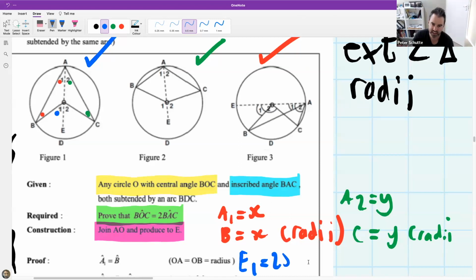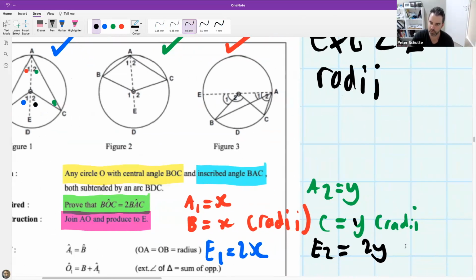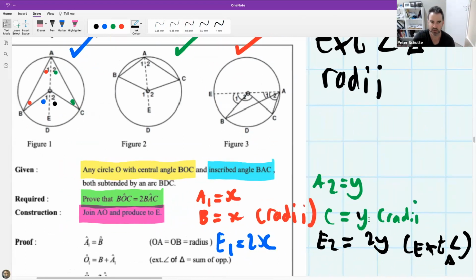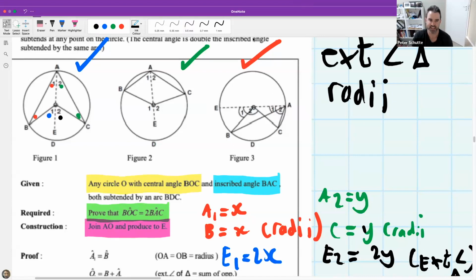And so we'd say that that is 2x. And then what is the size of E2 going to be? It's just going to be 2y. And the same reason, exterior angle of a triangle. Sorry, I'm running out of space, but I'm just trying to show you this as simply as I can.